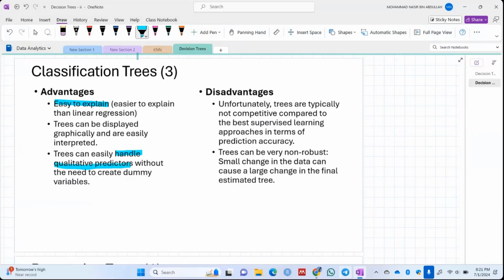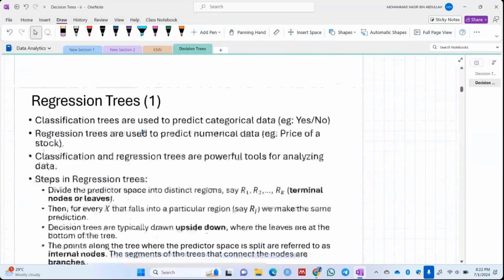As in linear regression, if you have a categorical input variable, then you need to create a dummy variable in the model. But in a tree diagram, we don't need to create a dummy variable. The disadvantage is that it is not competitive compared to the best supervised learning approaches in terms of prediction accuracy. So it is very non-robust compared to other classifiers.